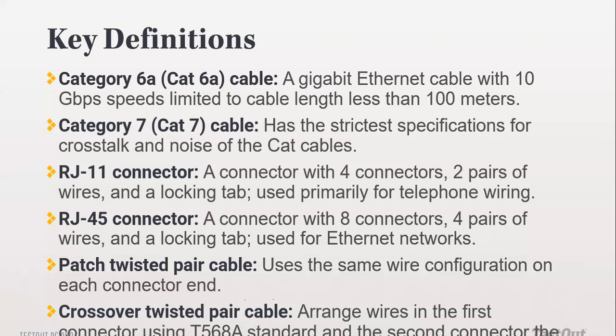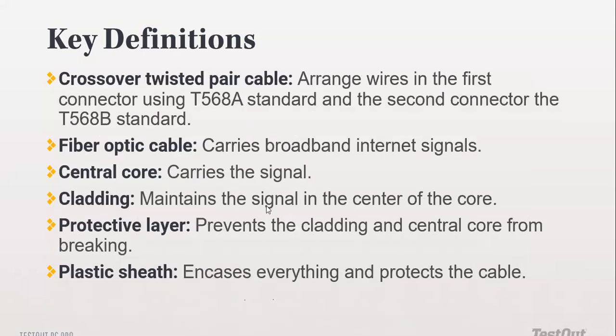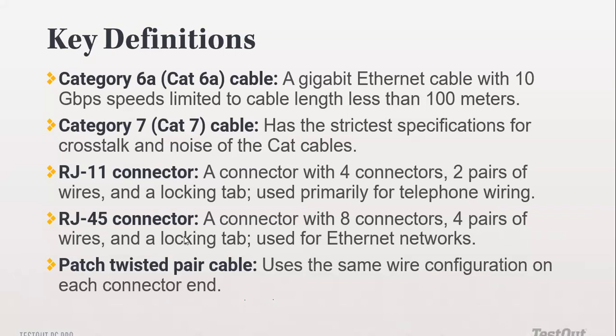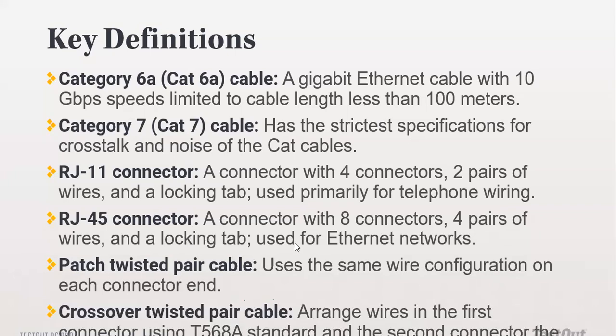Patch twisted pair cable and crossover twisted pair cable are simply different arrangements of the cables. When you need to connect a device of a particular category to another device of that same category, there is a type of cable you are supposed to use, and we refer to that as a crossover twisted pair cable. There is a particular standard for that.